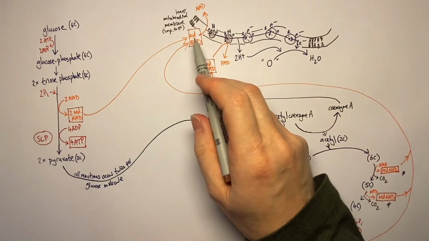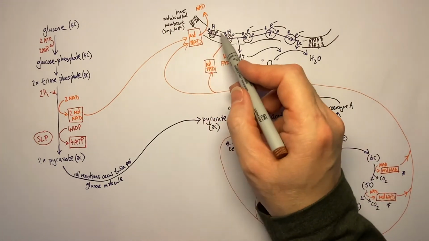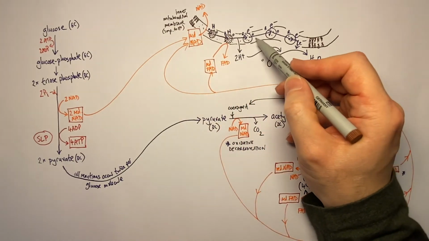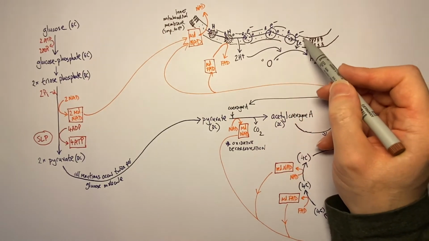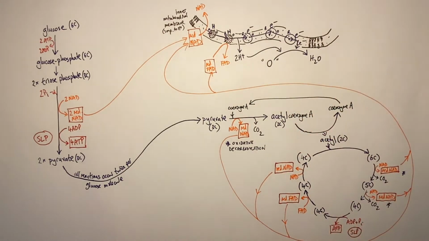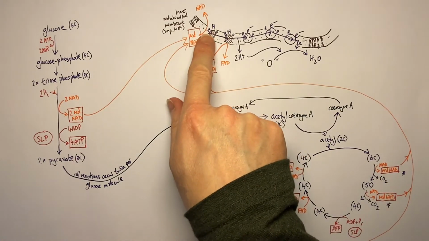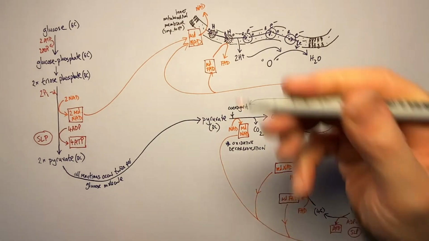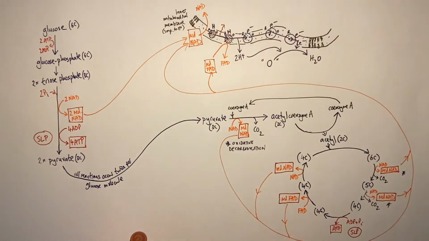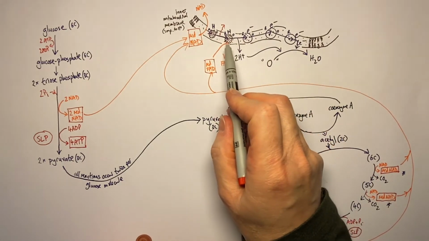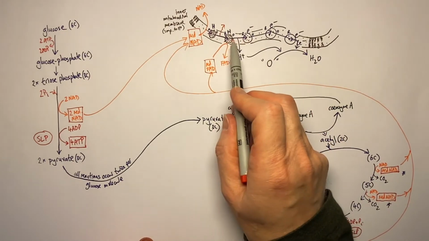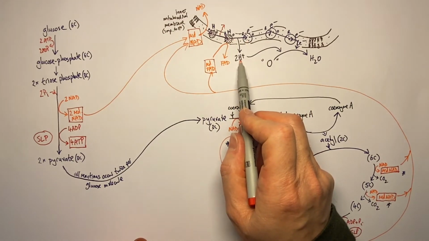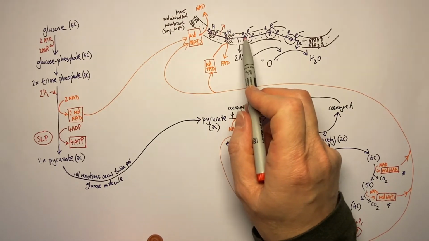So we've got the inner mitochondrial membrane here. This is the inner mitochondrial membrane going all the way along, like so. And what's happening is, as the hydrogen moves from there to there, a little bit of energy is released. And then as the hydrogen moves from there to there, or rather the electron moves from here to there, after it's split from the proton, the hydrogen ion, a little bit of energy is lost.